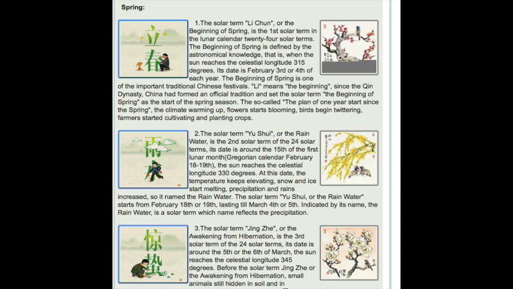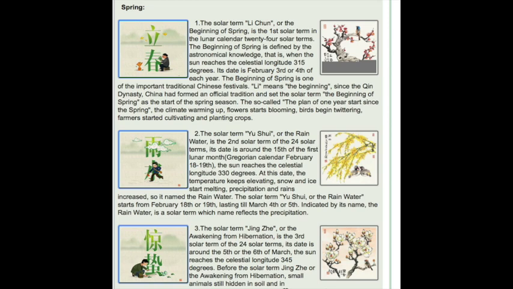So the third solar term, 惊蛰 or the awakening from hibernation, is the third solar term of the 24 solar terms. Its date is around the 5th or 6th of March. The sun reaches the celestial longitude 345 degrees.